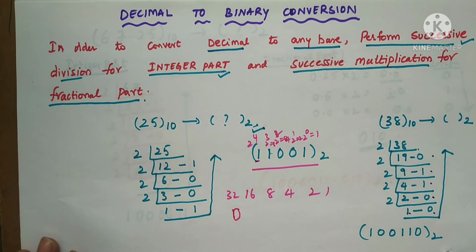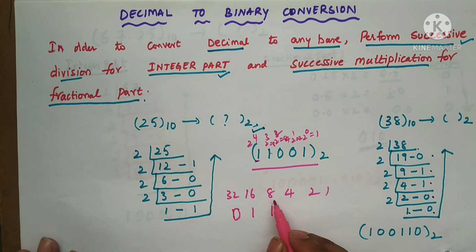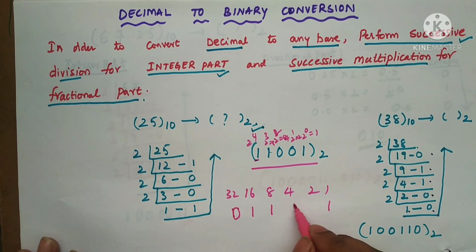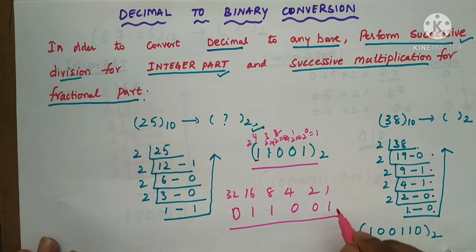It should be 0. If I take 16, 25 minus 16, the value is 9. So to get 9, I have to consider 8 first of all. So remaining is 1. I have to consider this. 16 plus 8 plus 1 is 25. Remaining, put zeros. This is the answer which you got.